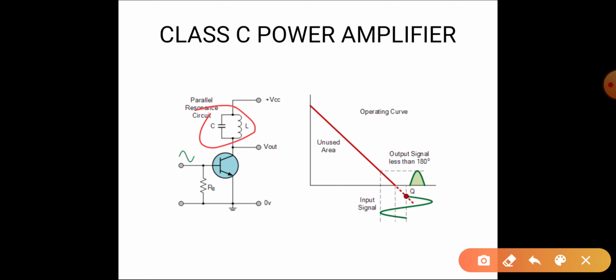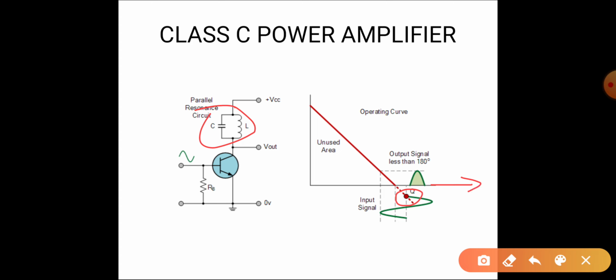Biasing, as you all know, is required to set the Q point. In whatever manner you bias a transistor, the Q point will shift accordingly. Having done this type of biasing, you can see the Q point is beyond the x axis.